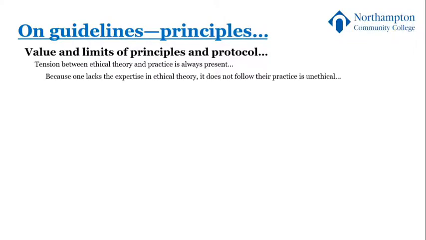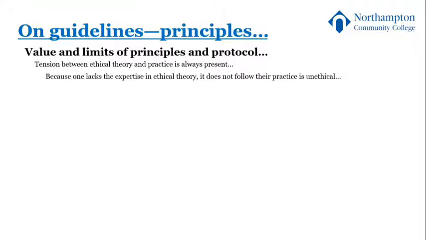I do want to mention that if it comes across that because the average person knows very little of ethical theory, therefore they are not ethical, that's a fallacy. A person can be ethical without having a particular expertise in ethical theory. But it also is clear, or should be, that how one forms those judgments and ethical theories are not always clear to the individual.